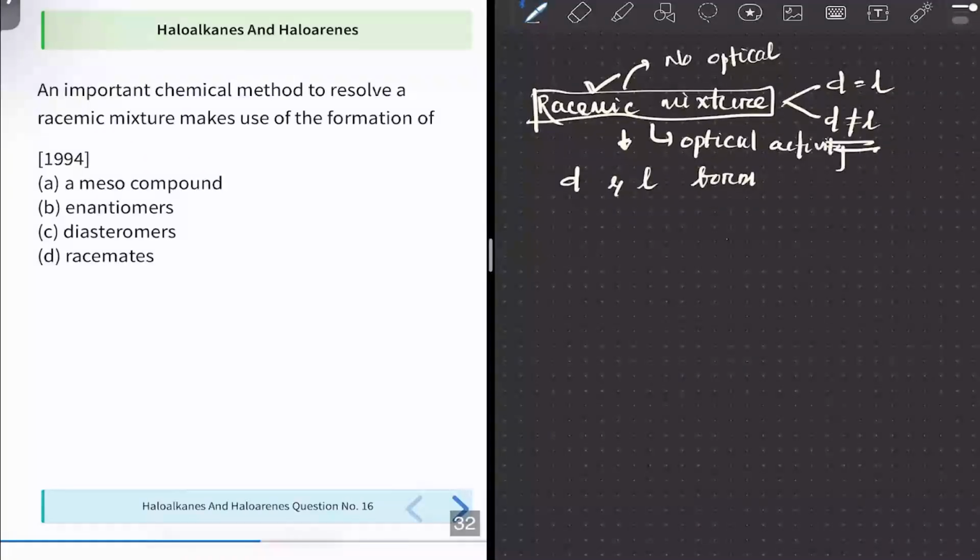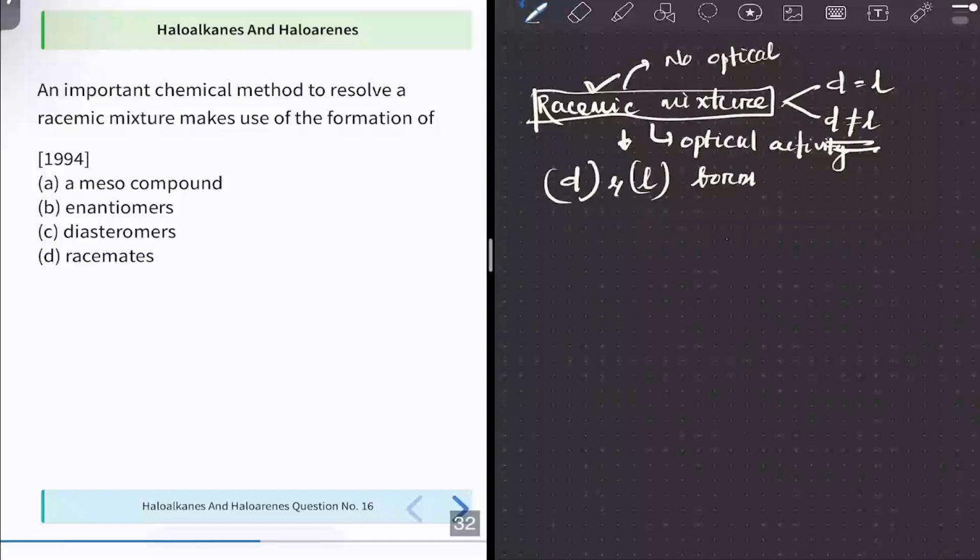Okay. So if we use a chemical method to resolve a racemic mixture, meaning to divide the racemic mixture, what will be the final output? There will be separation of D and L form. And the D and L forms are enantiomers, diastereomers, racemates, or meso compound?